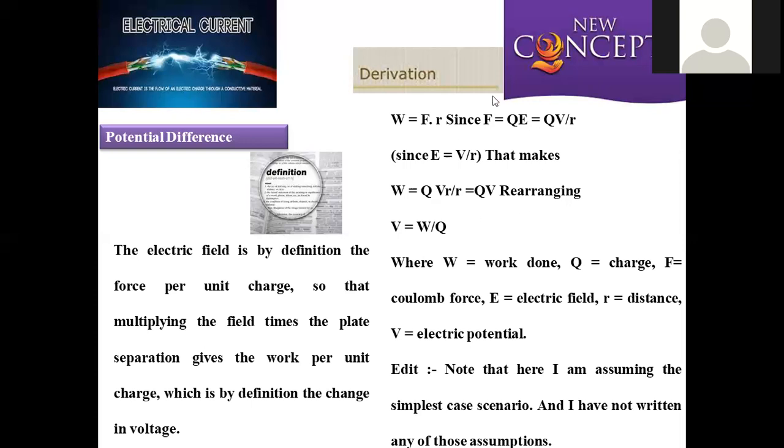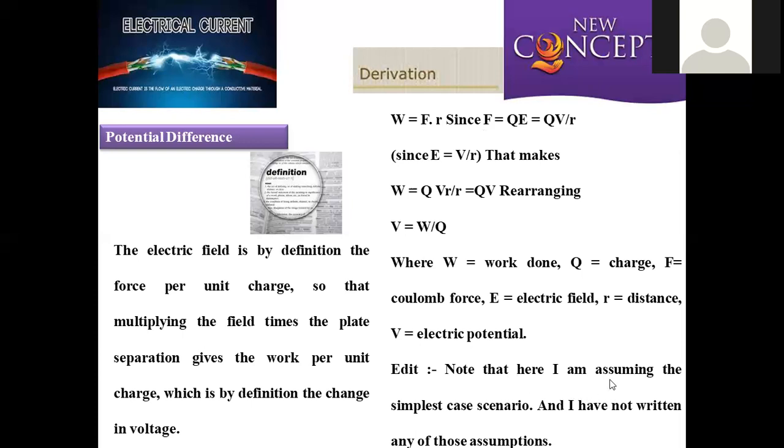All the parameters we used in this equation are mentioned here: W is the work done, F is the Coulombic force, R is the distance, Q is the charge, and V is the electrical potential. Finally, electrical potential is equal to work done per charge.